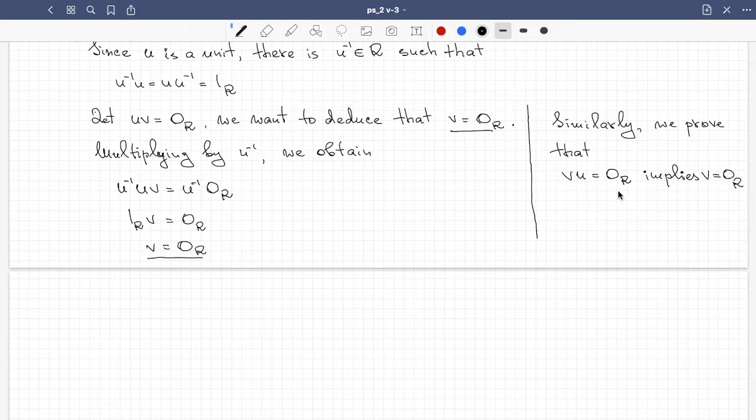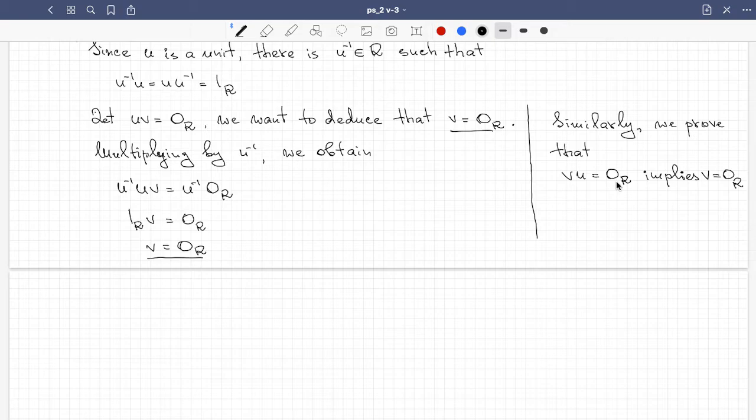We definitely need the second one in order to conclude that a unit cannot be a zero divisor, because it may happen that we multiply some element from the left, get 0, and this element must be 0, but from the right the situation may be different. We multiply by some V which was not 0 and produces 0. Such zero divisors which are only left or only right zero divisors do exist.